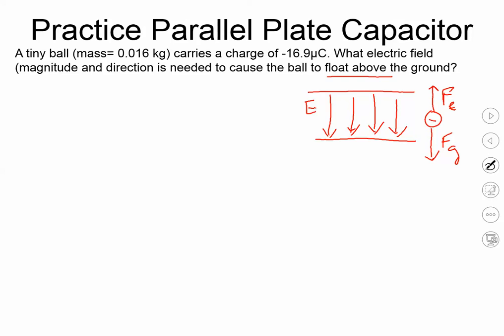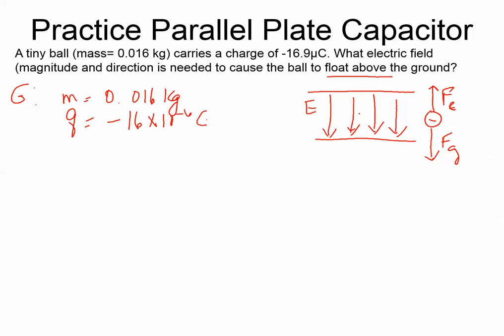So recall here we're given that the mass of the object is 0.016 kilograms. We're given that the charge Q is minus 16 times 10 to the negative 6th coulombs. Again, you've got to know those prefixes. Recall the local g is 9.8 meters per second squared down.